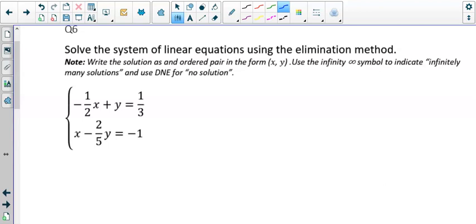What clearing the fraction is, you're going to look at all the denominators up here and multiply everybody by a common denominator. And that will clear the fraction out. So in the first one, our denominators are 2 and 3, so 6. Multiply everybody by 6, and you now have a system of equations, and this top one will be able to work as whole numbers instead of fractions.